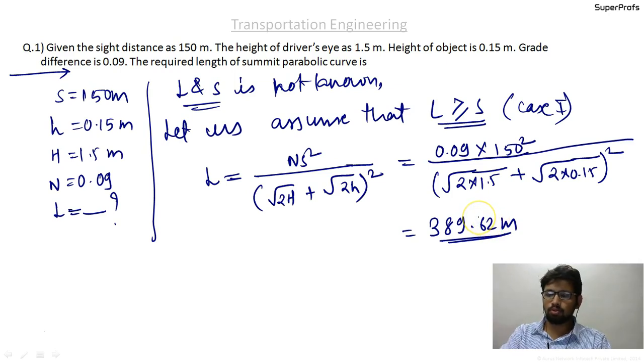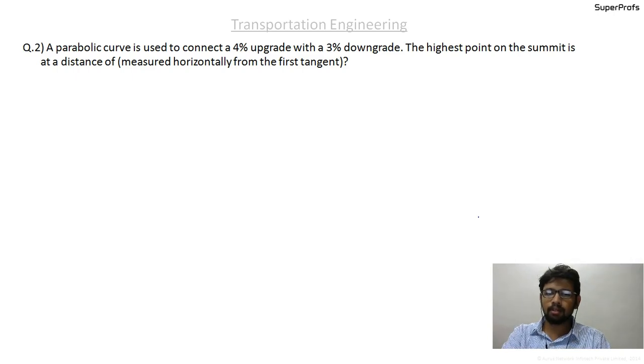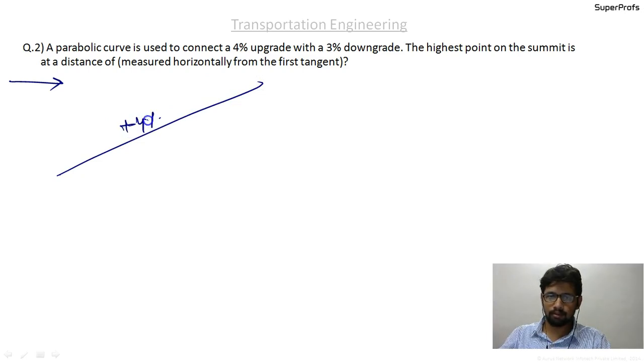Okay, so let us now move on to the next question. A parabolic curve is used to connect a 4% upgrade with a 3% downgrade. The highest point on the summit curve is at what distance, measured from the first tangent? So the situation is a 4% upgrade and next a 3% downgrade, and the curve is like this.